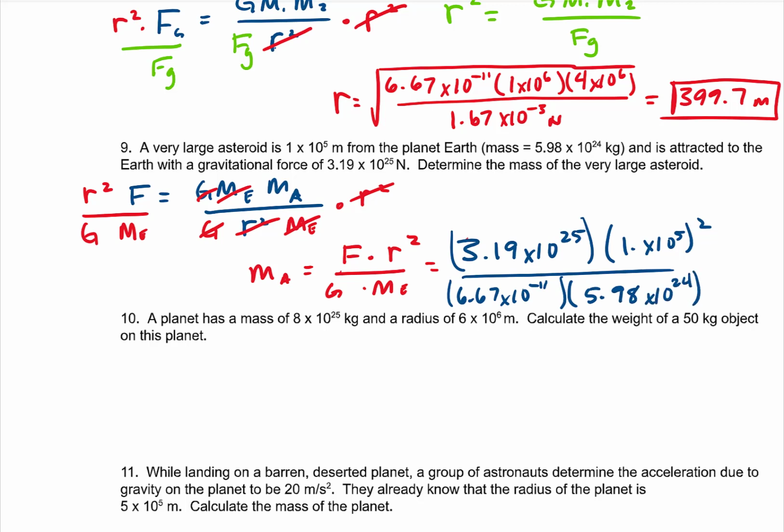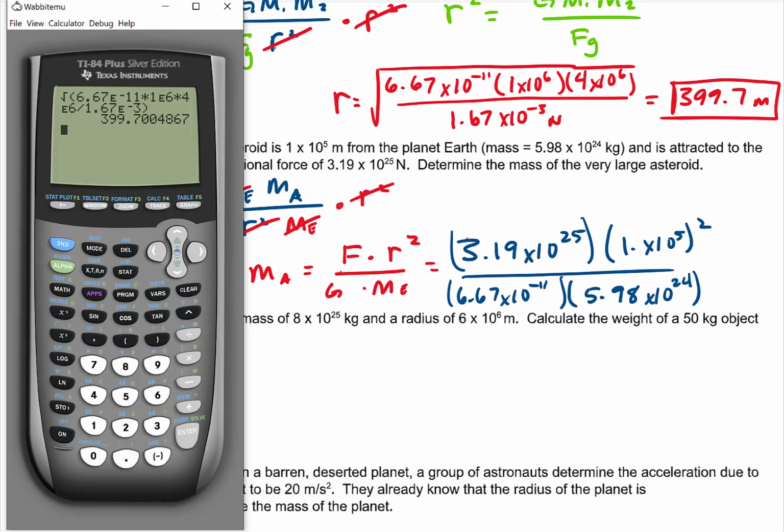Again, to put this in our calculator, if you feel confident with that, you don't have to, you can forward past a little bit. We're going to have the top part, 3.19 second E 25 times 1 second E 5, that thing squared. Because we're using the E button, it's going to treat that whole thing like one number.